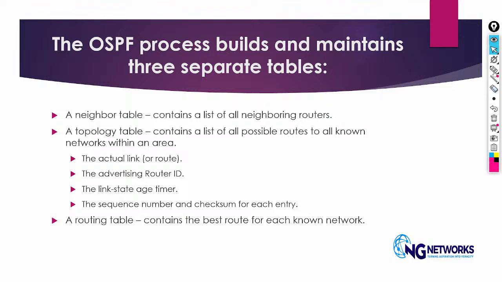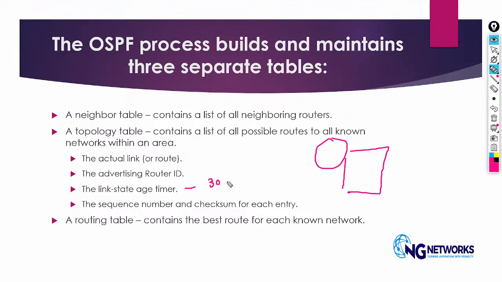I have already explained that if I have multiple areas, the router will maintain the database of a particular area only. What can be the contents in that particular topology table? The actual link, the route, the advertising router ID, meaning who is advertising that particular routing information, and the link state age timer, that means in how much time that advertisement will expire.